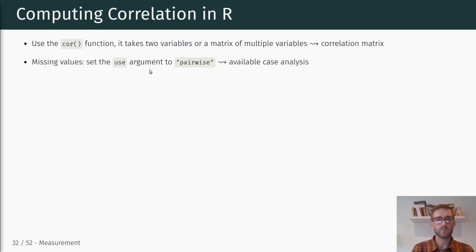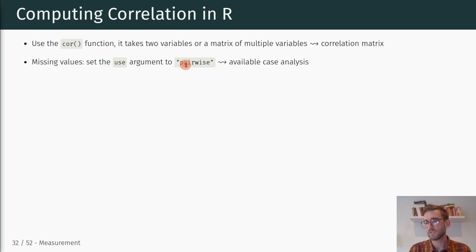Once we talk about correlation matrices, it's important to think again about how we handle missing observations, and we can define R's behavior here by using the use argument.